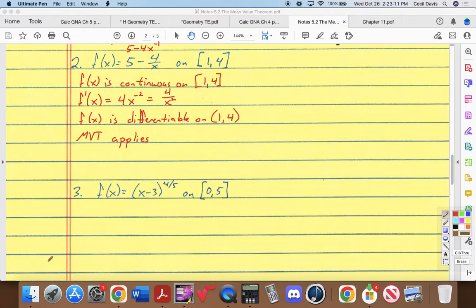So we need to do two things. We need to find the derivative. Oh, we've already done that. Nice. And we need to find the average rate of change.